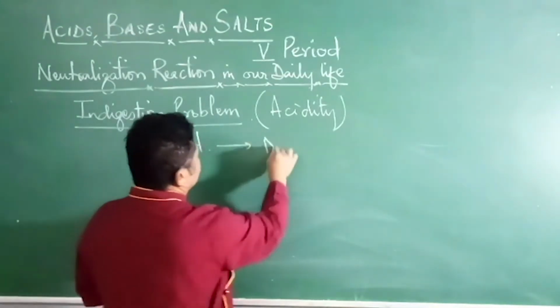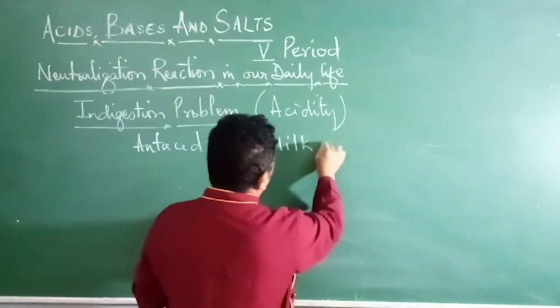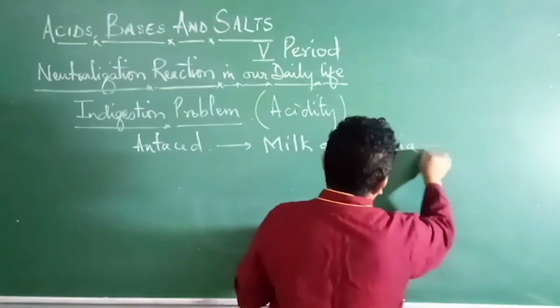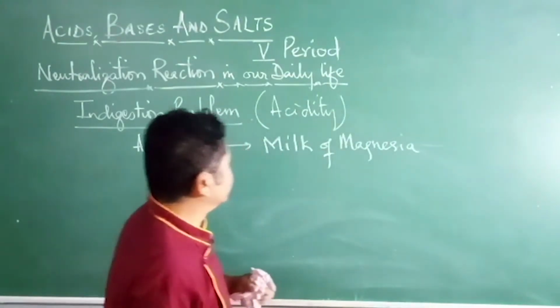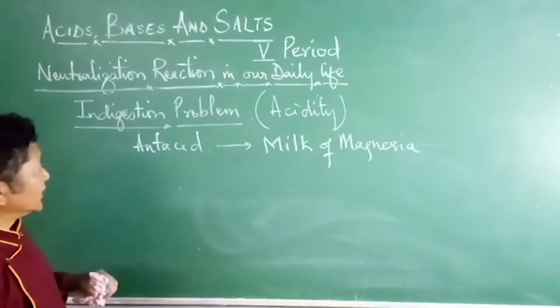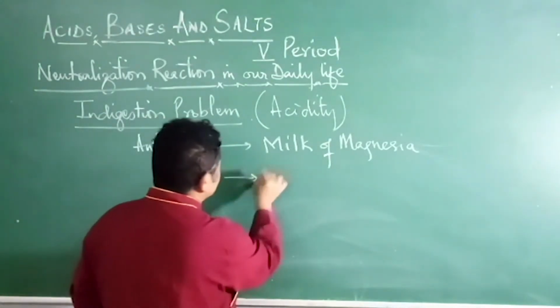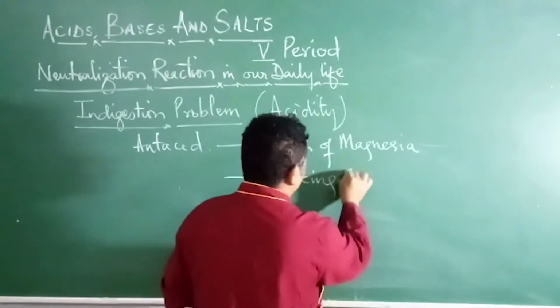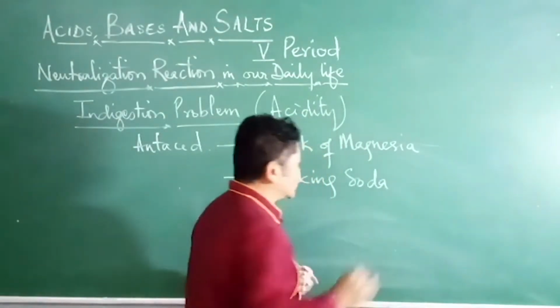such as milk of magnesia. Then antacid like, say, baking soda.